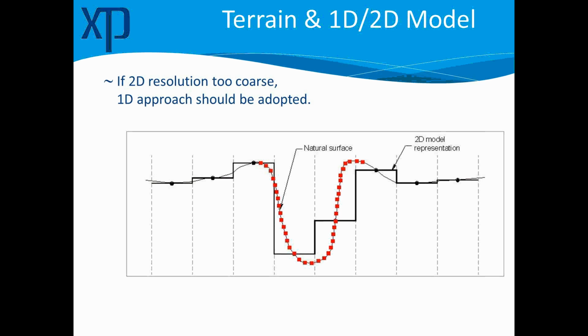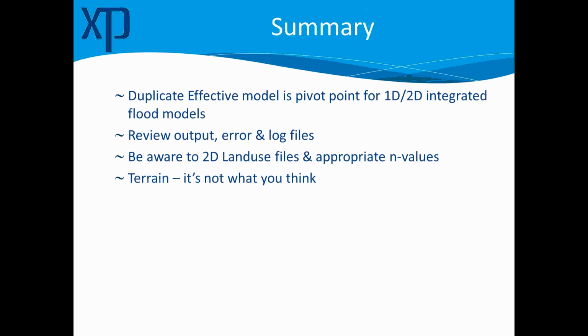It might not pick up the natural channel. So the resolution could be too coarse. You have to make sure that you're doing a litmus test here. Are we really picking up what we think we're picking up in the model?